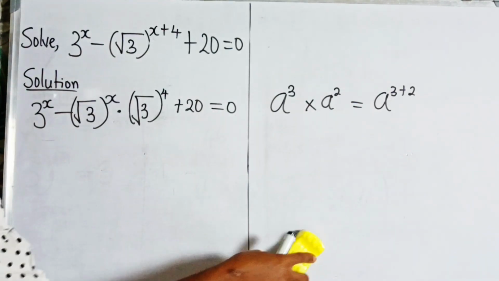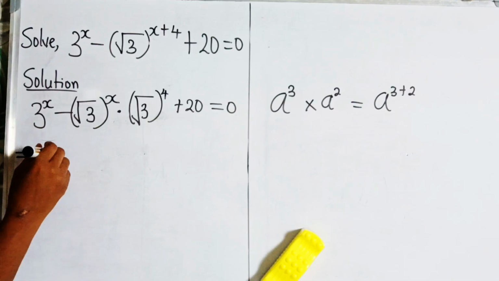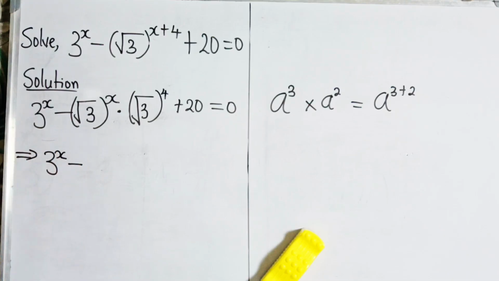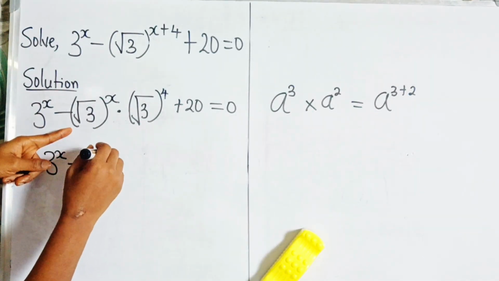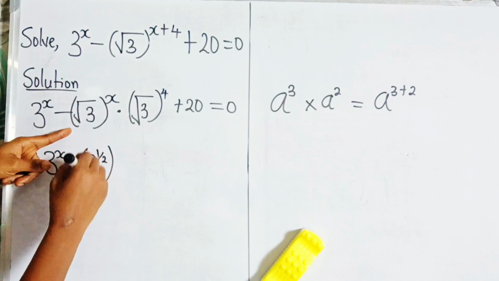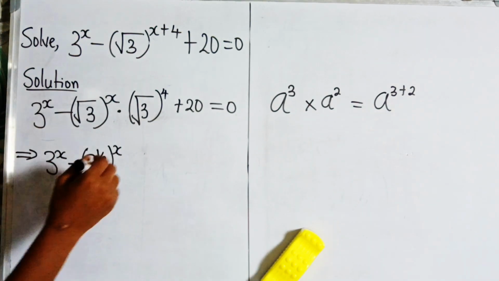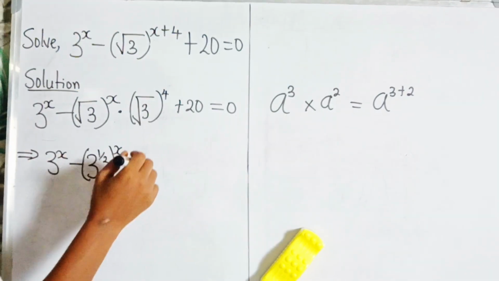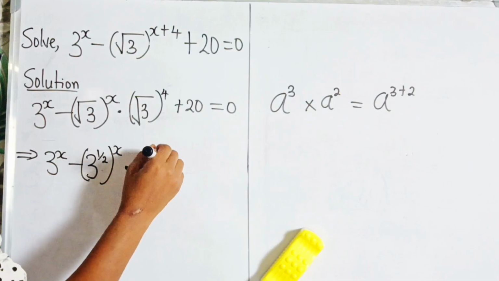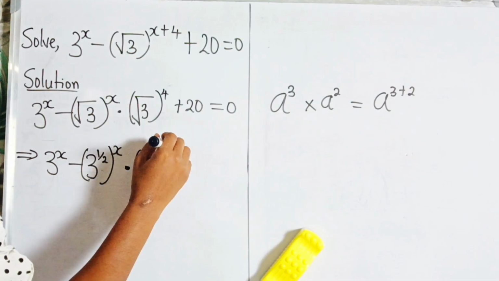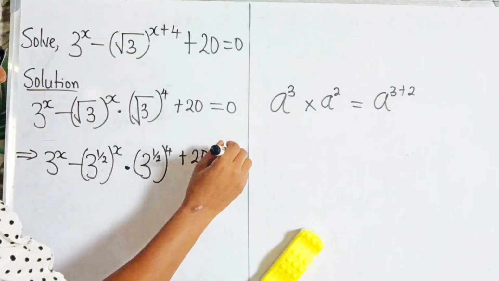Here we are going to have 3^x minus (3^(1/2))^x, and then (3^(1/2))^4, plus 20, and this is equal to 0.